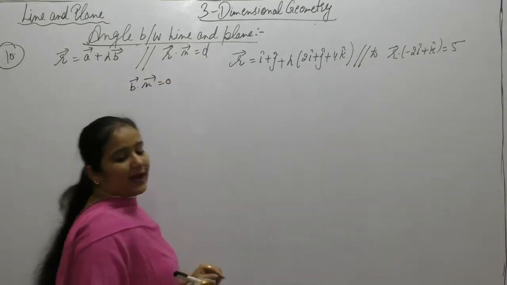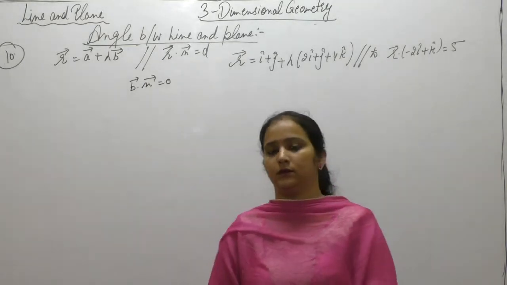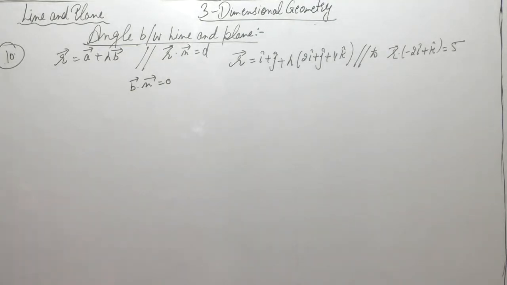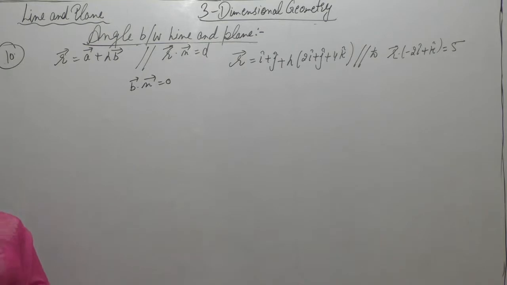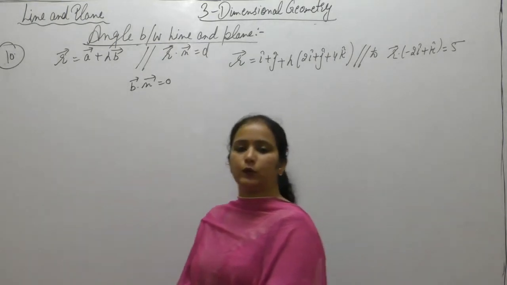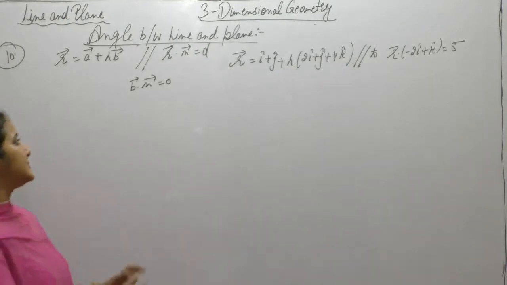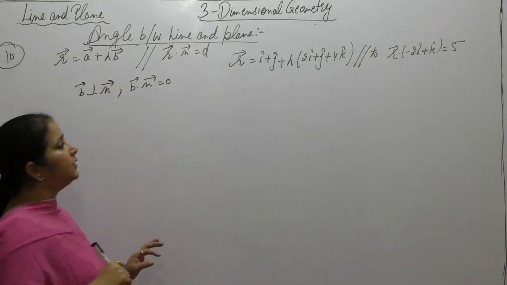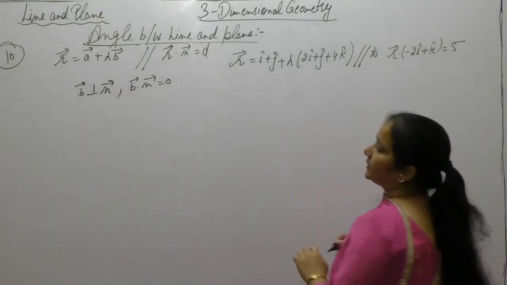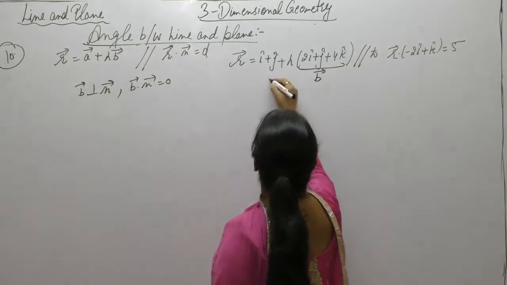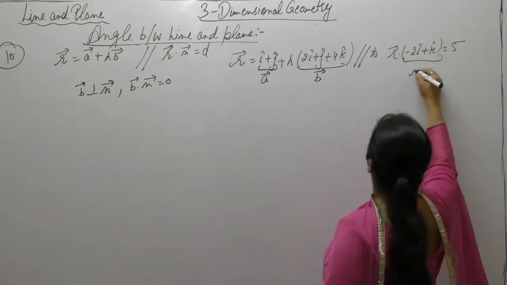Write down: if the line is parallel to the plane, it means the normal to the plane is perpendicular to the line, that is b dot n is 0, or b vector is perpendicular to n vector. Now if we show that b dot n is 0, where this is b vector and this is n vector.